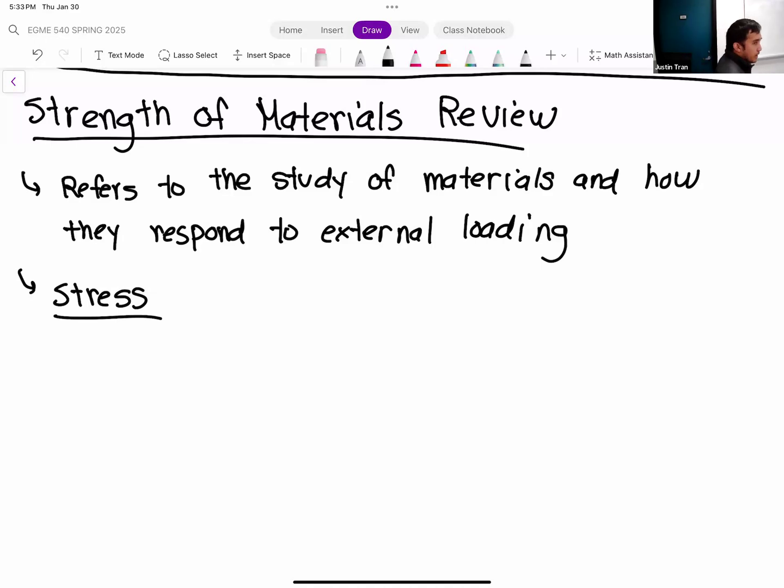When I talk about stress, we're talking about mechanical stress within a material, or in other words, the internal forces that develop within that material.